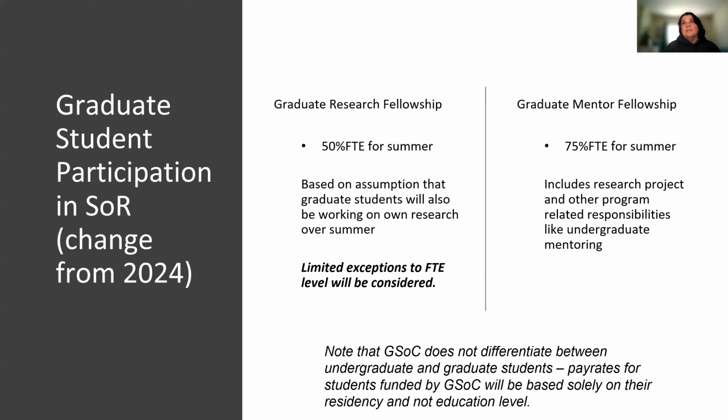So the other option, without having to deal with exceptions to FTE levels, would be a 75% FTE for the summer, which would include them doing their specific SOR project as well as mentoring undergraduates and doing some other program-related responsibilities, such as projects and skill-building activities that would support mentoring other SOR students from other projects. And again, I am noting here that GSOC does not differentiate between undergraduate and graduate students. So pay rates for those students, if it's a GSOC project versus a Summer Reproducibility project, are based solely on residency and not the education level.